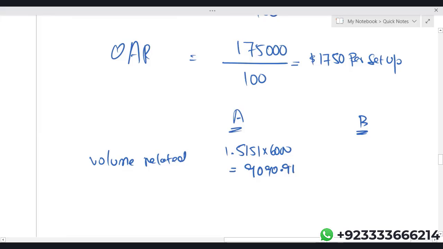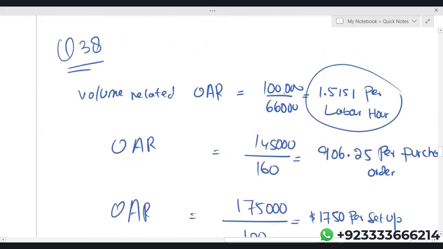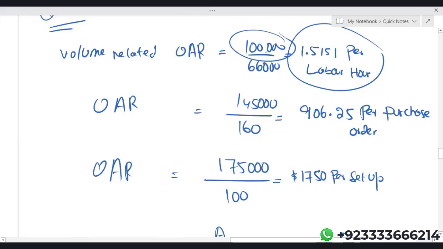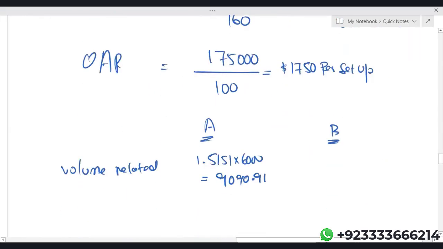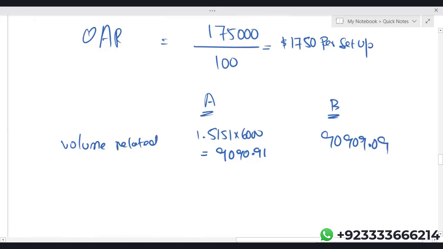Beta I can easily calculate. How? Because the total is 1 lakh. Simply from 100,000 minus 9090.91 will give you 90,909.09, which belongs to beta. That is volume related.